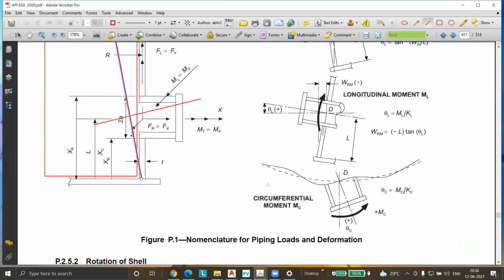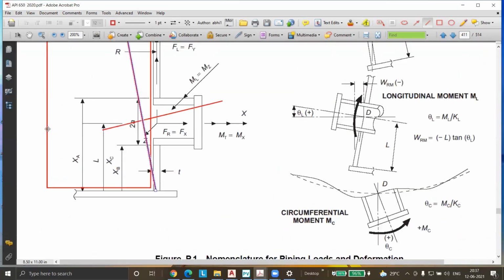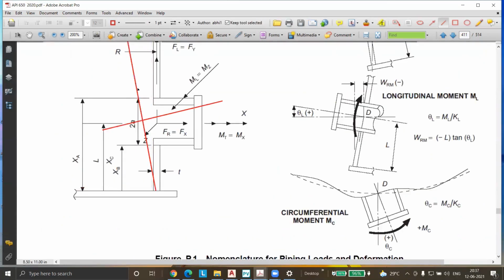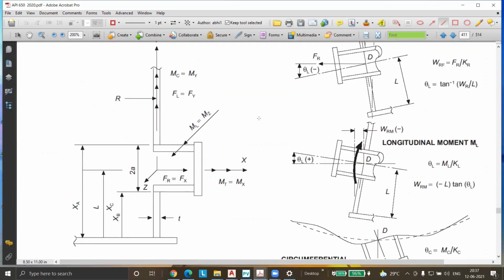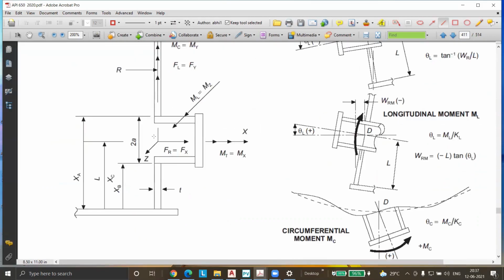this is my shell. I'll just delete all this. So this is the configuration for which we are discussing. Okay, so my nozzle OD is 2A.